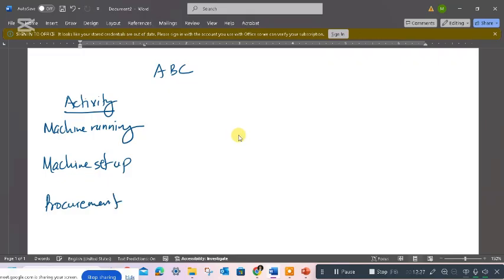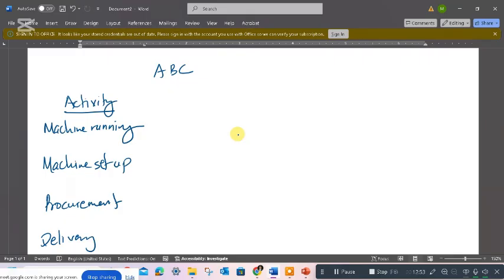Procurement of material, buying material. I'm not talking about the purchase cost, but related to purchase there are other activities which give you cost, like some documentation involved, some traveling, time of purchasing. So all that is procurement related overheads. Delivery of goods. Likewise, there are many activities which are the reasons for the overheads.